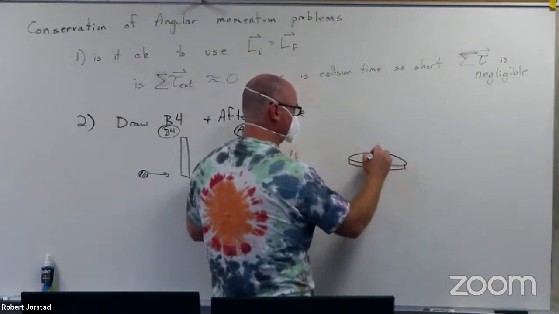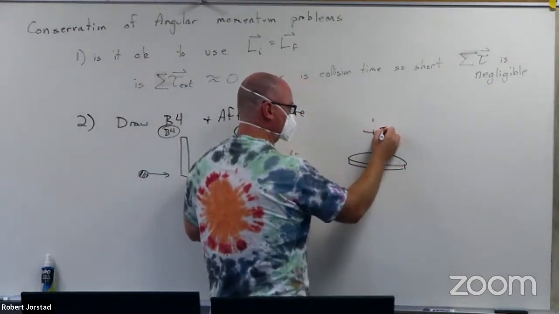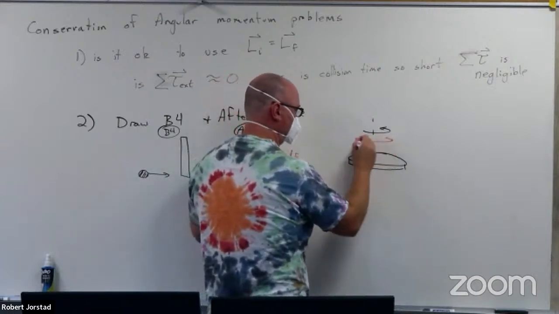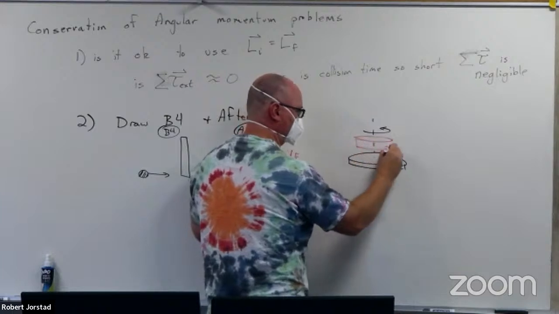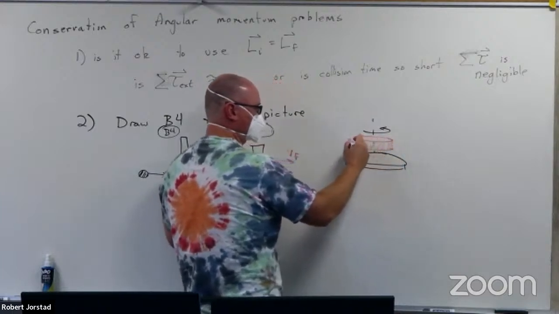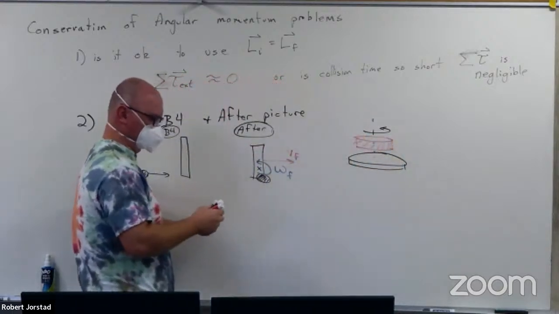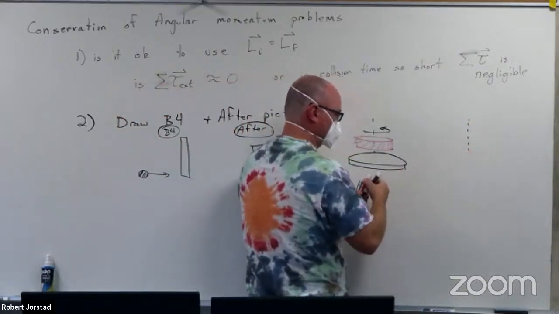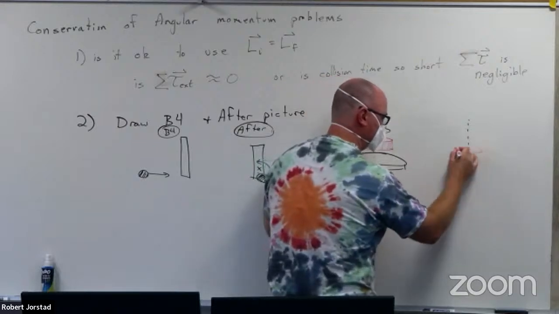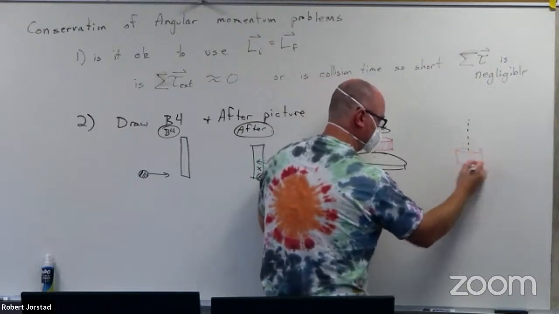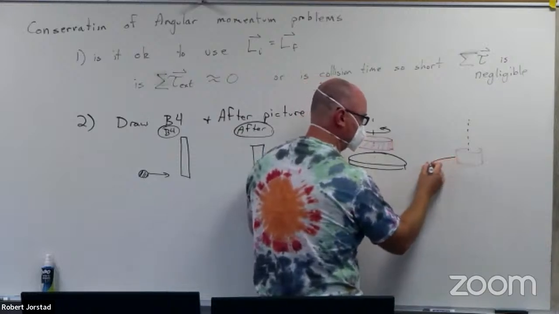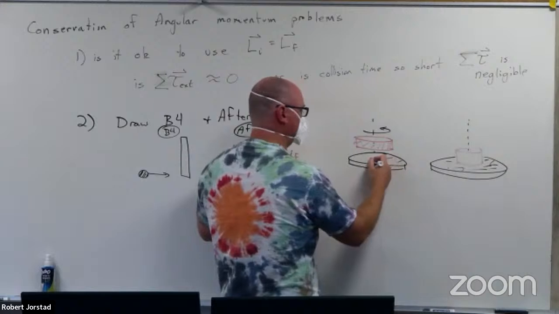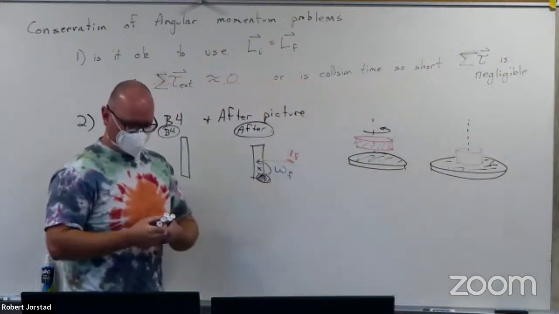Or it could be something that looks like this. There's two objects. One of them is rotating, and maybe you drop another object on top of it. We're going to do this one in a minute. You don't need to draw this, but I'm just trying to give you an idea. Maybe you drop them, and then they're rotating together. So imagine you drop something onto a rotating object.